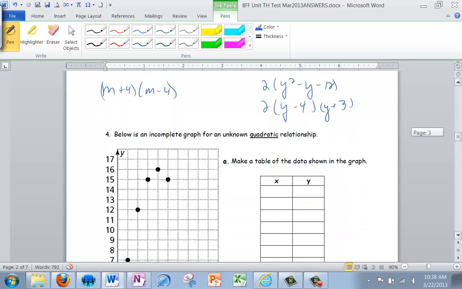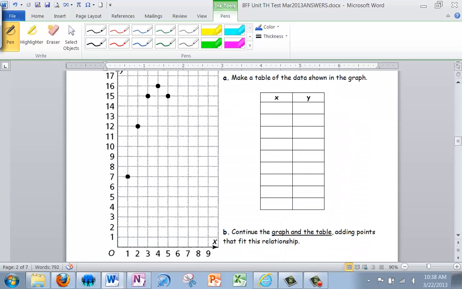Okay, number 4 was a fairly straightforward problem. You did very well with it for the most part. It should end up looking like this, and then you get points at 0 here. So let's see, 0, 1, 2, 3, 4, 5, 6, 7, 8, and I put a 9 in just for fun. Something's wrong. That is 8. I've done something wrong.